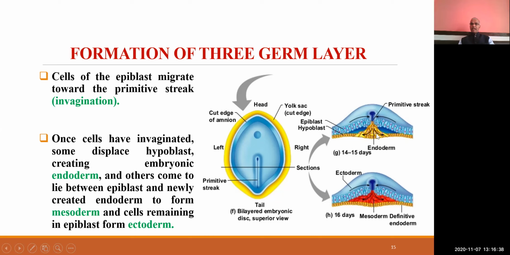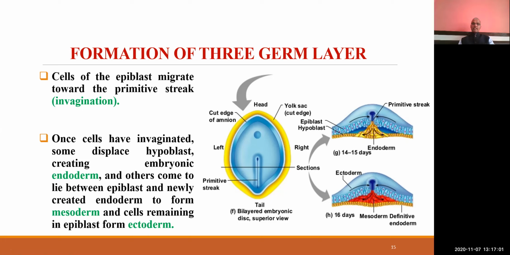This is the endoderm layer. This forms the mesoderm. From the epiblast cell layer, some cells migrate and form the endoderm and mesoderm layers.